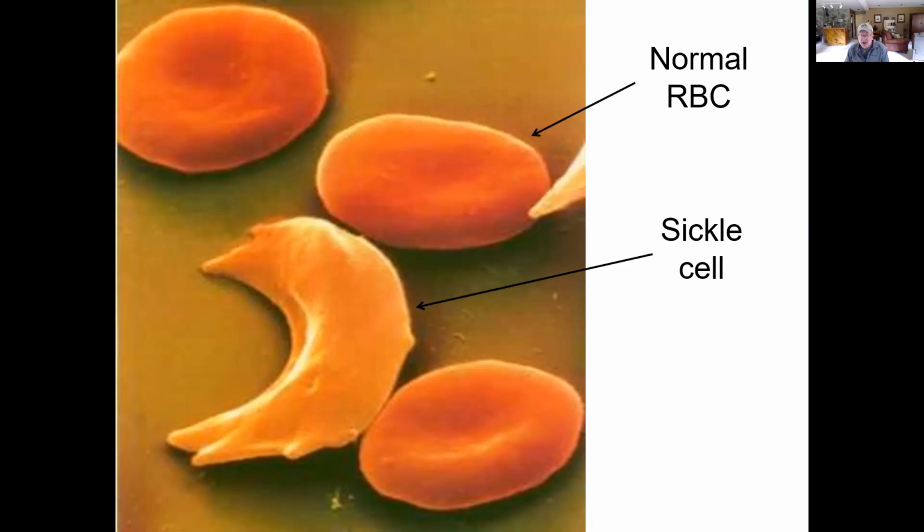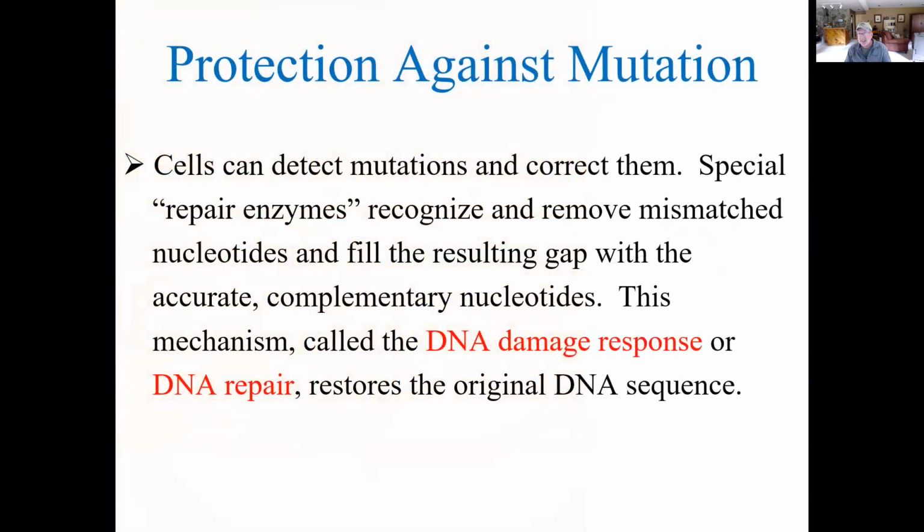Well, luckily for us, even though mutations are very rare, they do take place, okay? Our cells have the ability to detect those mutations, those mismatches, the A opposite C or the G opposite A, which shouldn't happen but can.